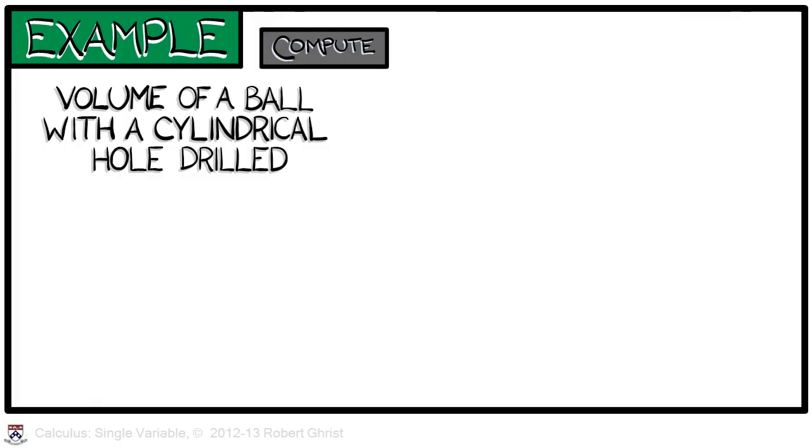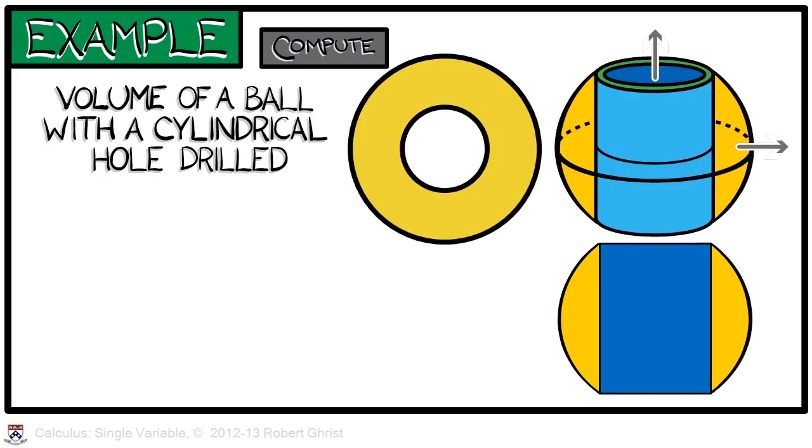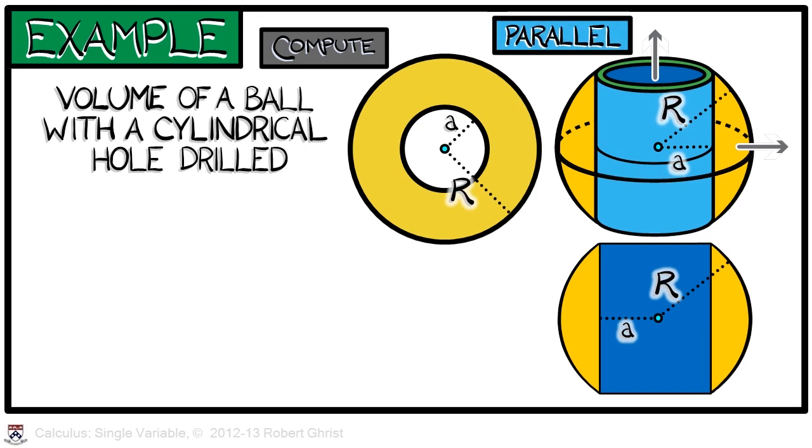This one: compute the volume of a ball with a cylindrical hole drilled through it, like a bead. Let's say that we set up the y-axis to be the axis of revolution, and that our ball has radius capital R, and the hole drilled has radius a.